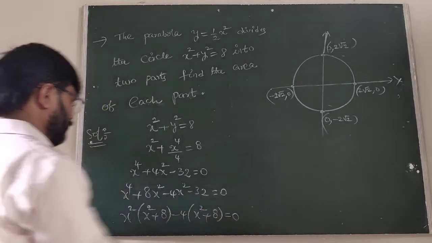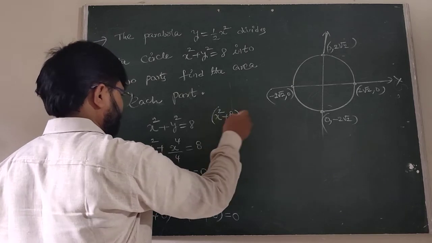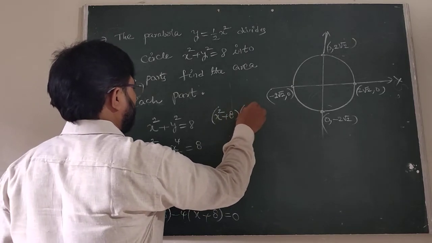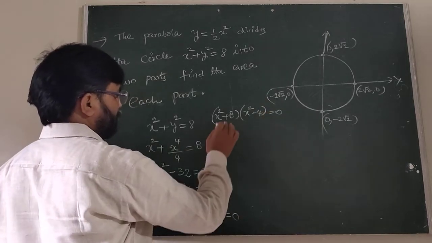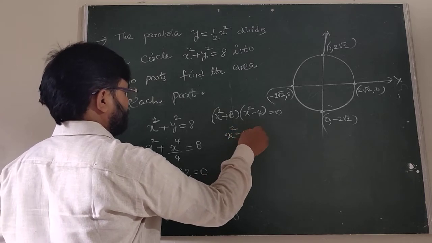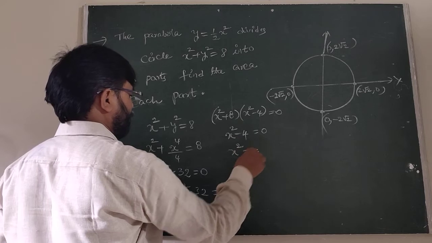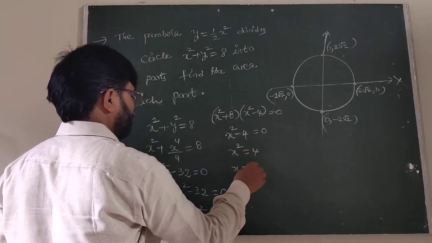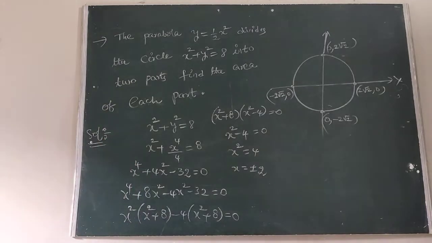Here we can write (x square plus 8) into (x square minus 4). Okay, students, here first factor 0, second factor 0. x square minus 4 equal to 0, and x square equal to 4. x equal to plus or minus 2. Okay, students, x equal to plus or minus 2.